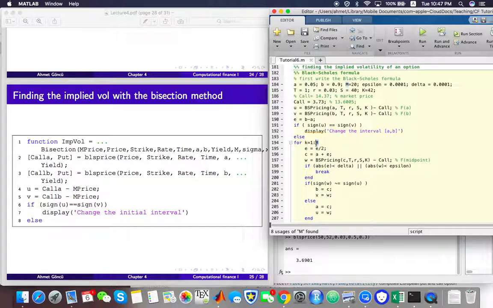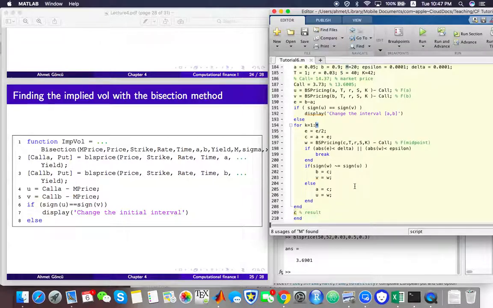The maximum number of iterations here is set as M, capital M, which equals 20 in this example. Remember that we are using our Black-Scholes formula to evaluate the function for any given volatility level.